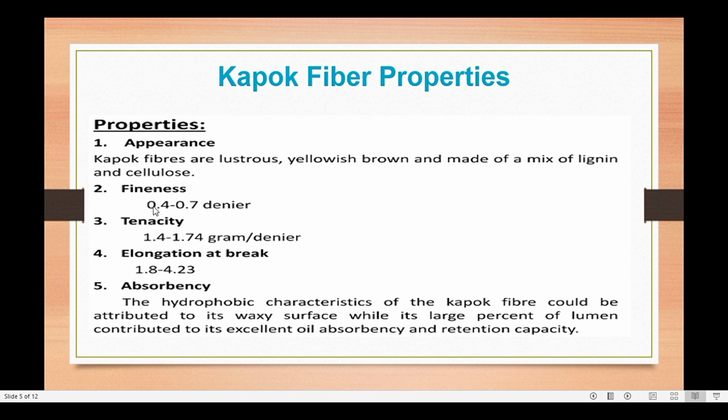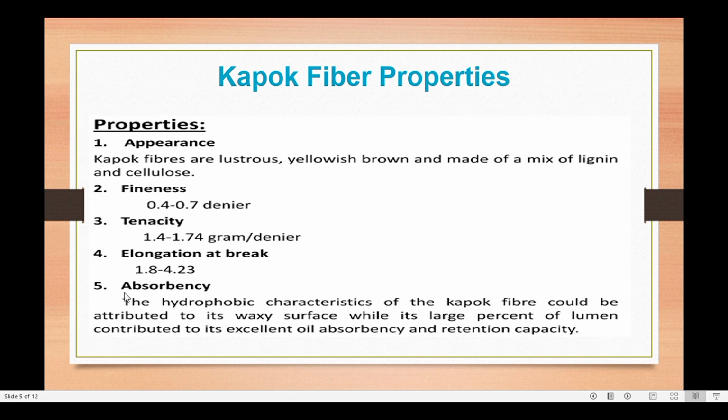Fineness of kapok fiber is 0.4 to 0.7 denier. The third property is tenacity, about 1.4 to 1.74 gram per denier. The fourth property is elongation at break. It is 1.8 to 4.23.